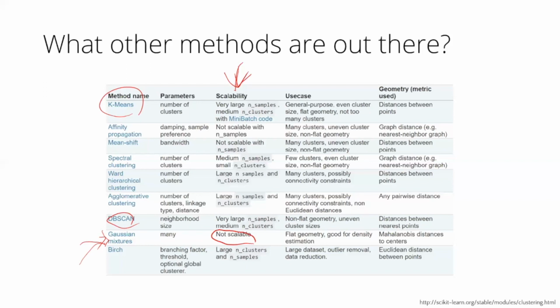In fact, Spark has a Gaussian mixture based clustering algorithm, which you can apply to a large data set. There's also a variant of the hierarchical clustering algorithm that is scalable to large samples. But I'm not going to cover everything in this class, because as far as k-means and DBSCAN, pretty much everything that's relevant when it comes to the clustering of large data sets is covered.